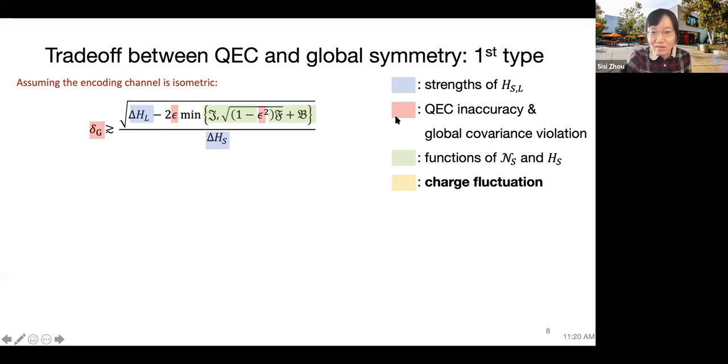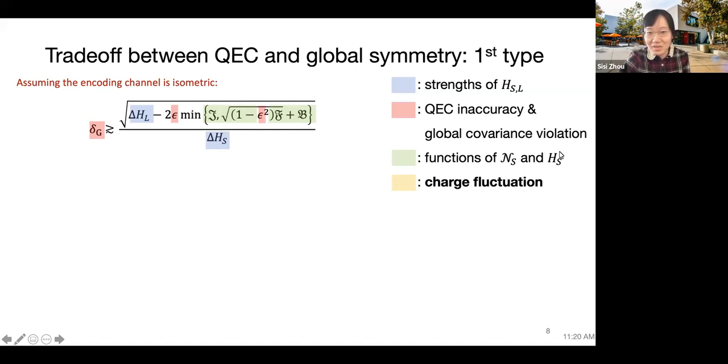The red block is delta G and epsilon, which are the things that we want to study. We want to get the trade-off relation between delta and epsilon. And the rest is just a function of the noise, because for different noise we would have different trade-off relations. So that's kind of necessary.